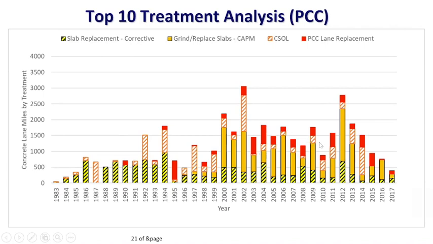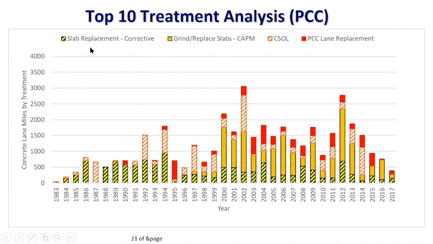Folks, you know how much it costs to do PCC lane replacement, right? However, looking at the top treatments for PCC pavement, you really only have 4, right? You have the chip seal, you have PCC, you have the grinding. The only corrective treatment we have for PCC is slab replacement.